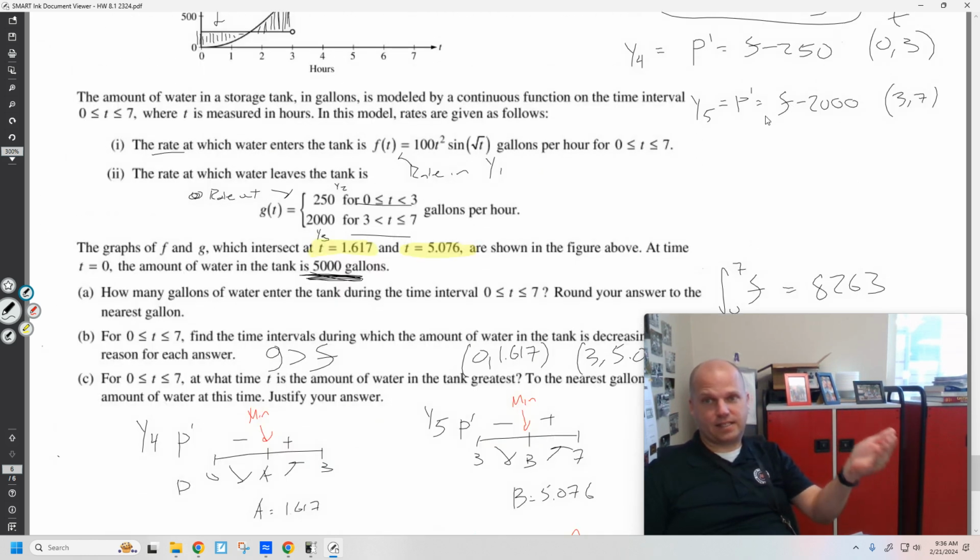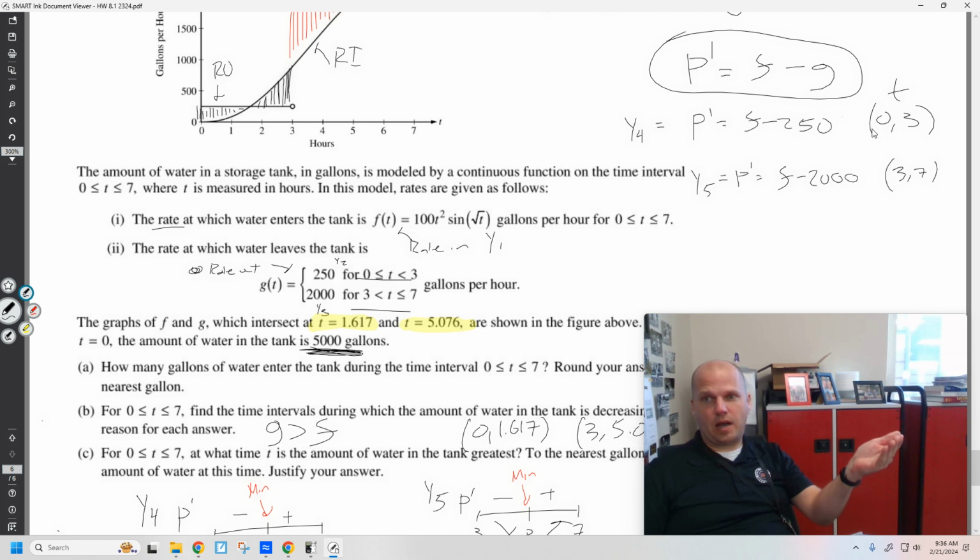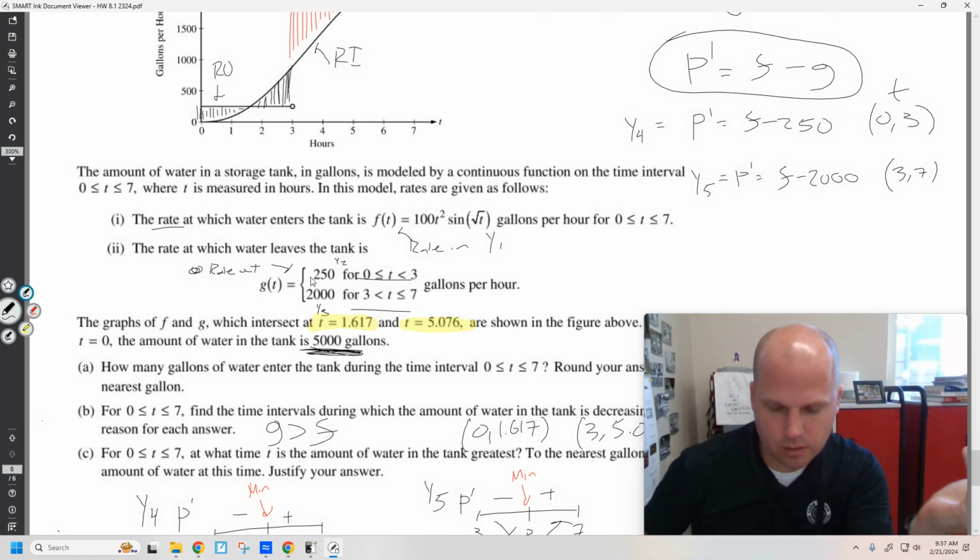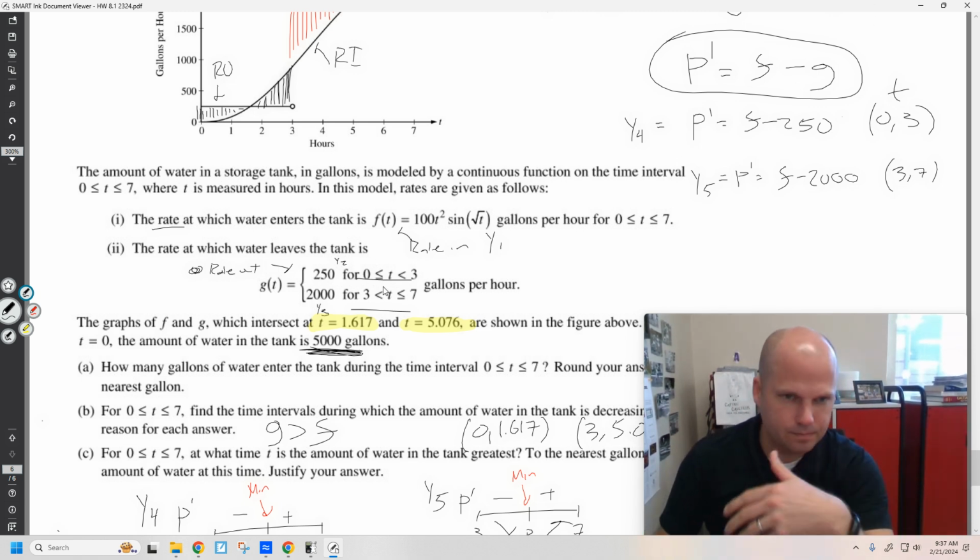But you have that listed. This is p prime from 0 to 3. This is p prime from 3 to 7. I don't think you have to have this. I think if you have p prime equals f minus g, and then you just do the right thing without listing off that you're changing it, it's kind of assumed that if you say f minus g, you're only looking at the right g at the right time.